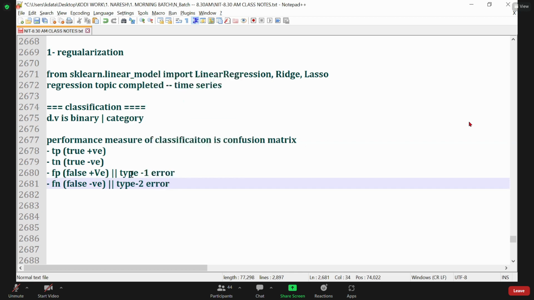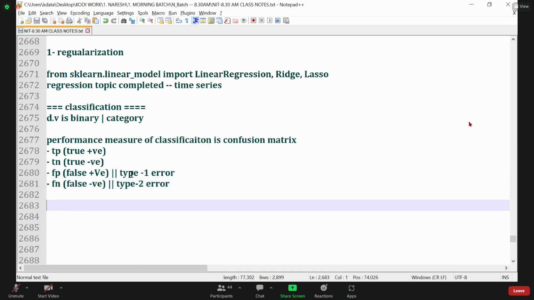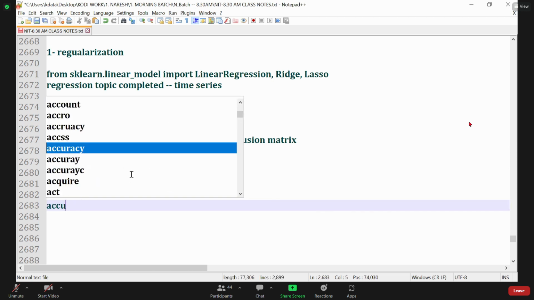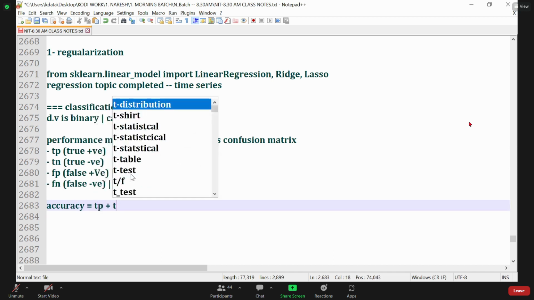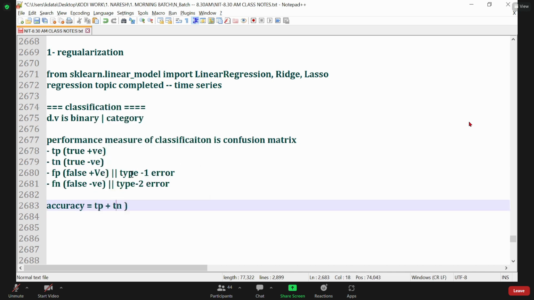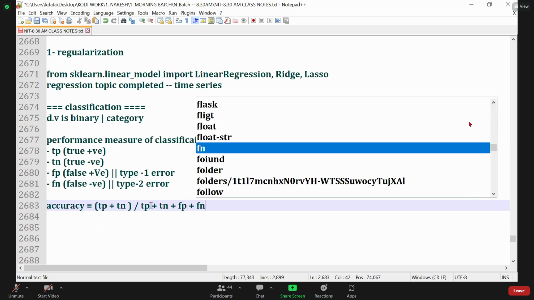Are we clear? Now, the formula for accuracy is equal to TP plus TN divided by TP plus TN plus FP plus FN.